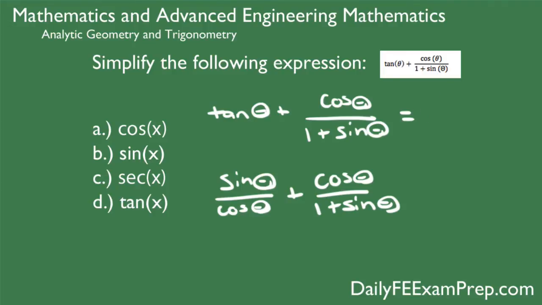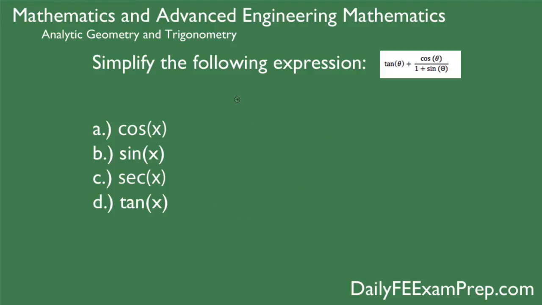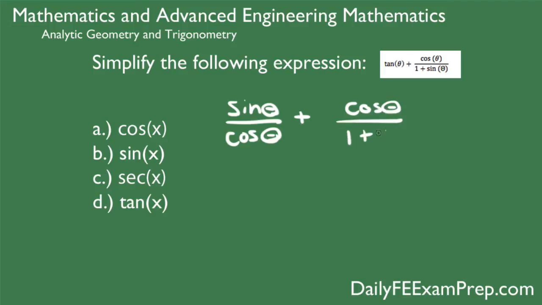The next step is to get a common denominator. The way we do this is to multiply each fraction by the equivalent of 1 to get the common denominator. So we have sine theta over cosine theta plus cosine theta over 1 plus sine theta.